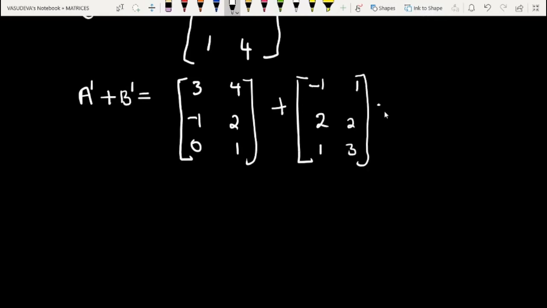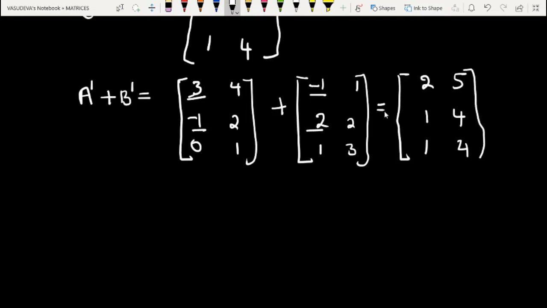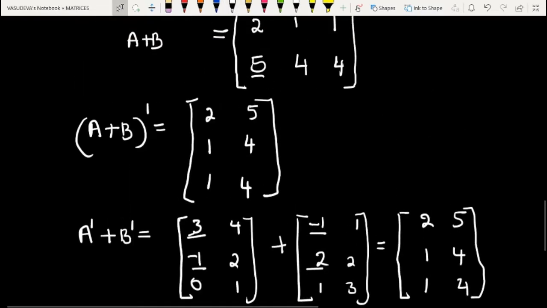So adding the corresponding elements, now both can be added because both are matrices of the same order. So 3 minus 1 is 2, and 4 plus 1 is 5, and minus 1 plus 2 is 1, and 2 plus 2 is 4, 0 plus 1 is 1, 1 plus 3 is 4. So just compare this with the matrix.